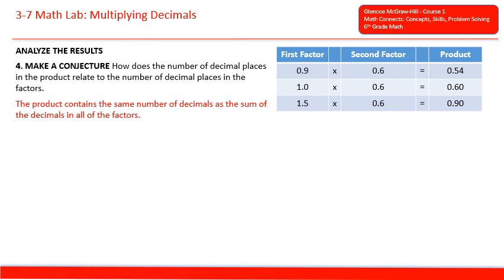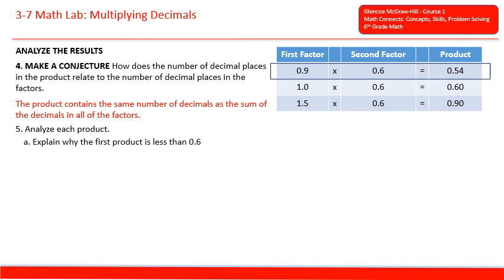And the conjecture is the product contains the same number of decimals as the sum of the decimals in all the factors. So we know that works for the first one. And if we go through, it's going to work for each of them. You add up the number of decimal places in each of the factors, and that's how many there will be in the answer of the product.